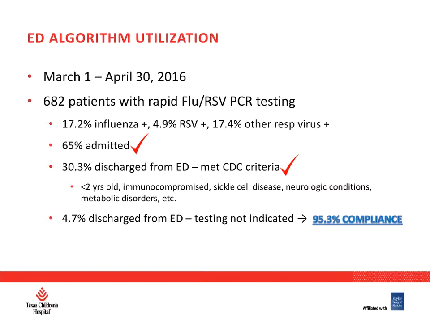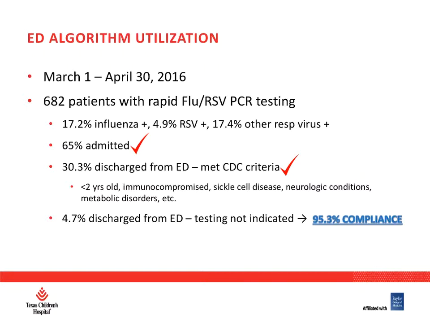So of these 682 patients, 65% were admitted during this time period. So that's a little off, but that's a check mark. So if they're admitted, they can have the rapid flu RSV PCR. About 30% of these patients were discharged from the emergency center, but they met the CDC criteria.